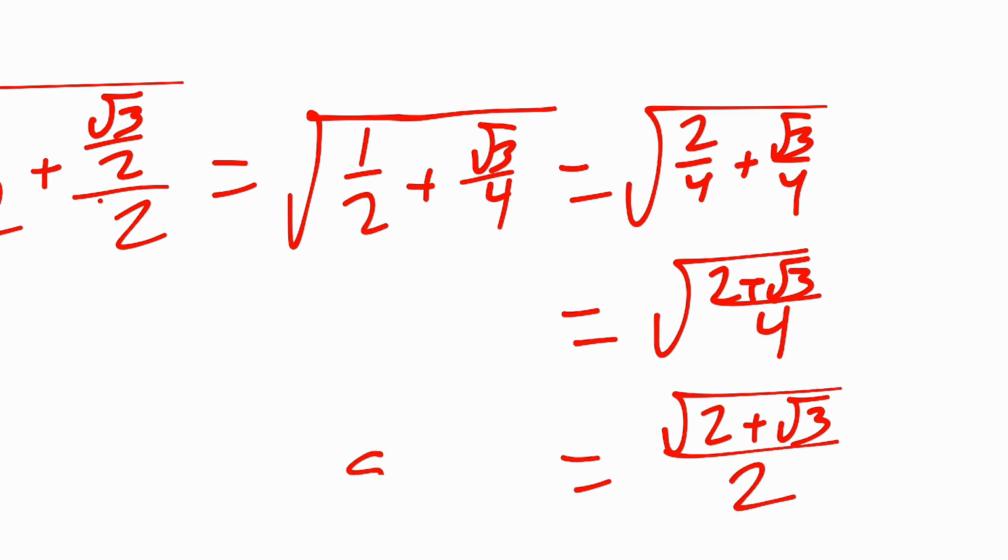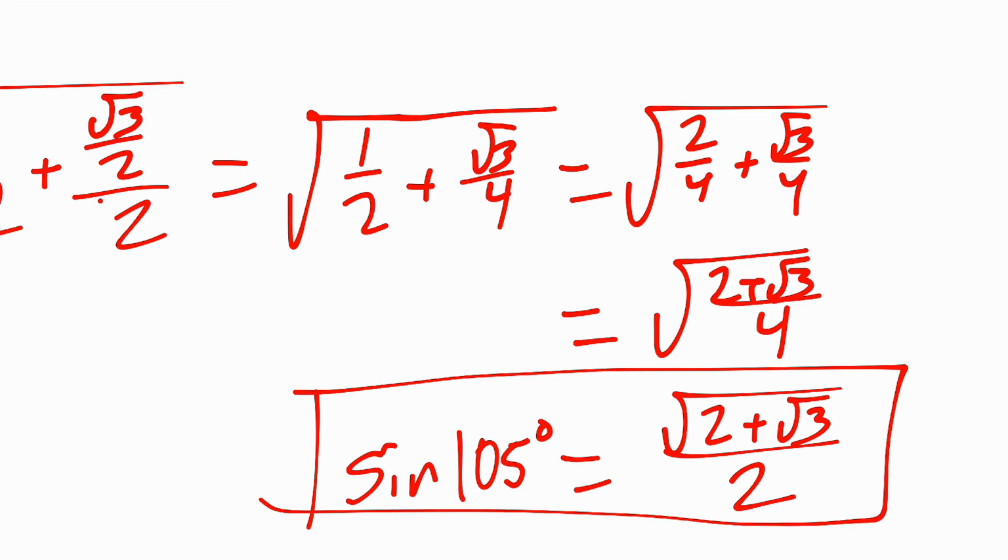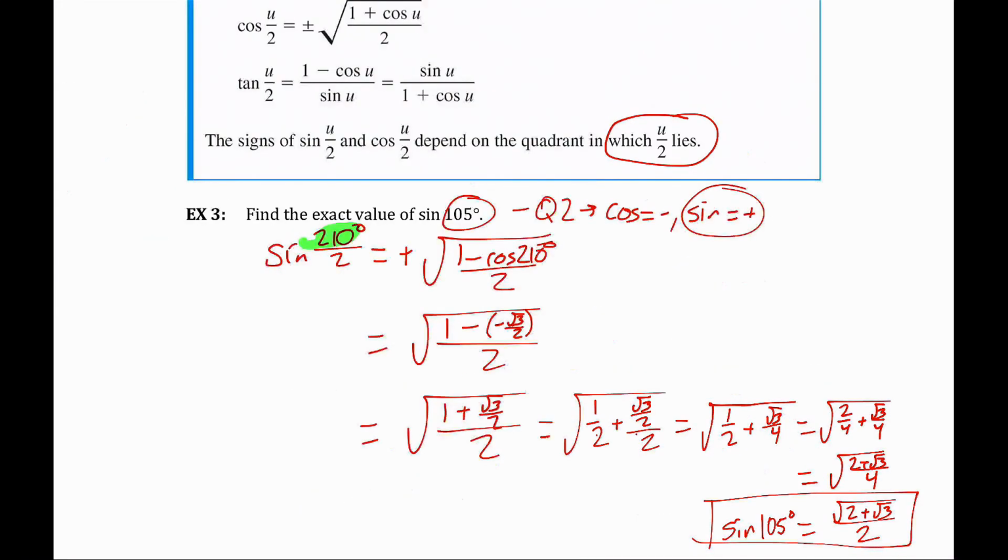So after all of that, the exact value of the sine of 105 degrees is the square root of 2 plus the square root of 3, all that divided by 2. So again, one of the biggest things on this is to identify what the u value is. What's being divided by 2 to get the angle that we're given? So what divided by 2 gives us 105? That's 210. We plug that 210 in and just work through it slowly.